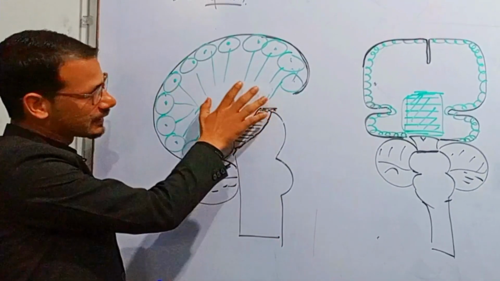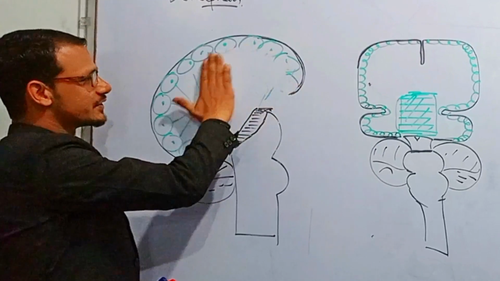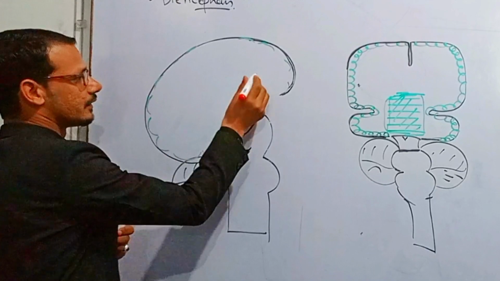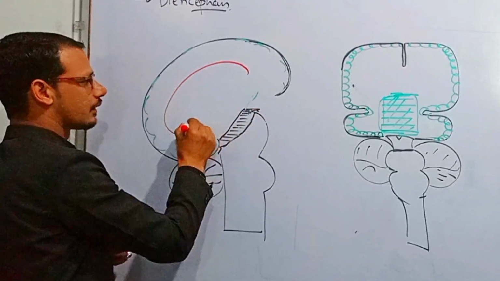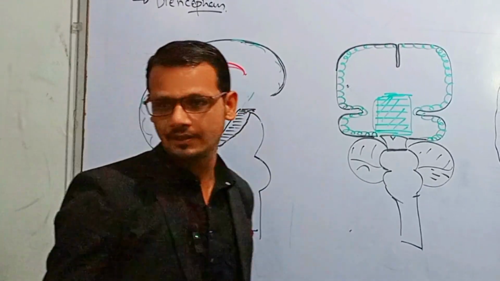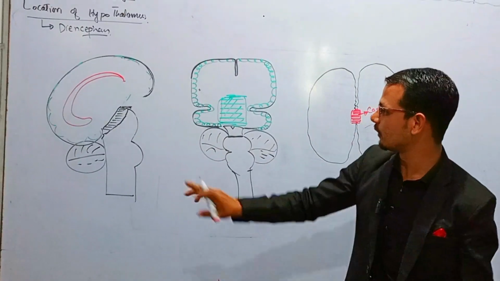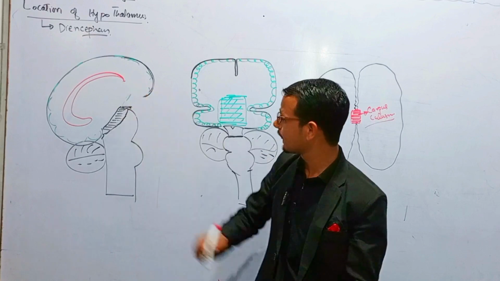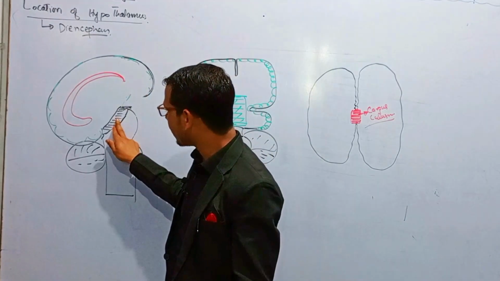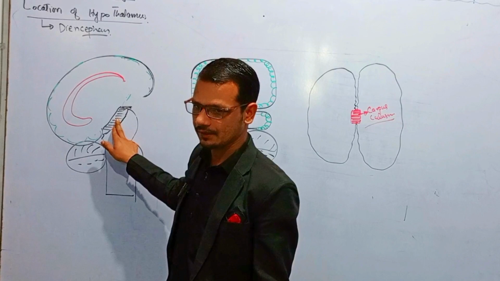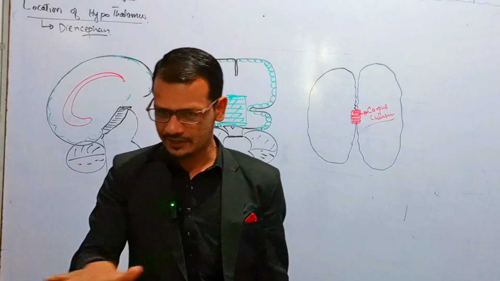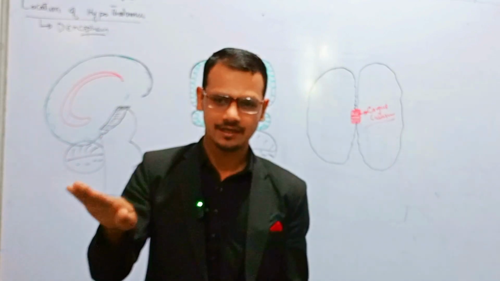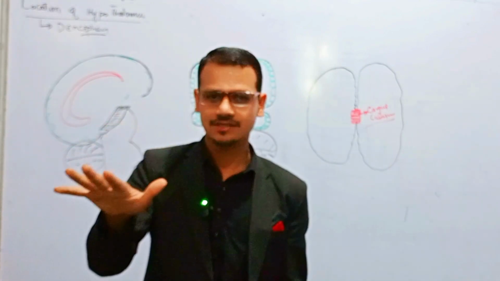When we cut the brain like this, we will see the corpus callosum like this, right? Which is the connection between the right and left hemispheres of the brain, right? Here, above this midbrain, a sheet of gray matter is present, which is called the subthalamus. On the subthalamus, the thalamus is situated.